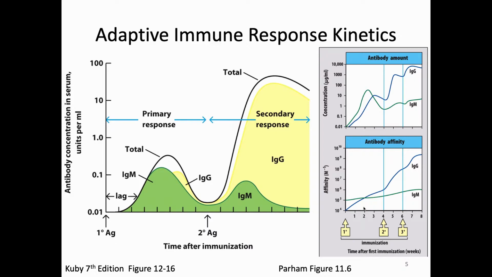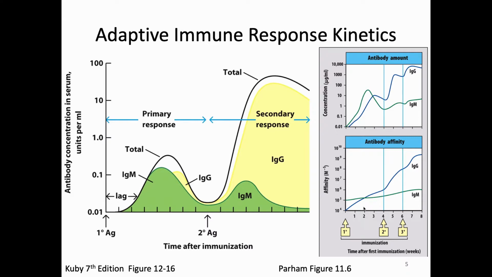So the response is happening faster. You can also see that the response happens with a much larger magnitude. So we have a difference in the cells that are responding here, both in terms of quantity and in terms of quality, because they're able to respond to a much higher level, and they're able to respond much faster.